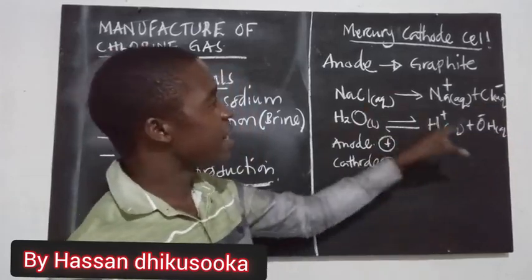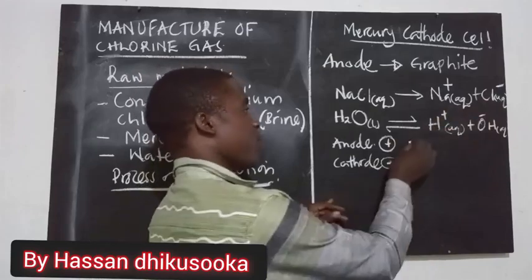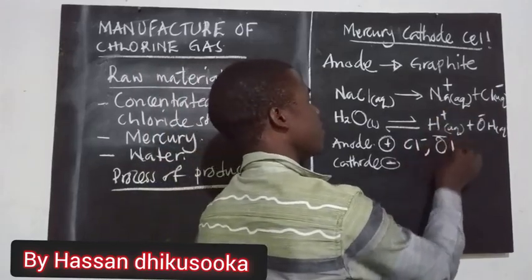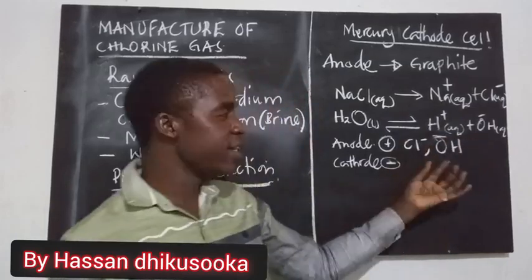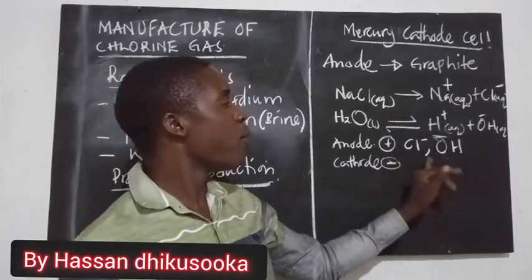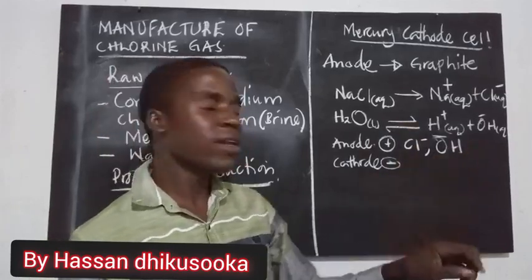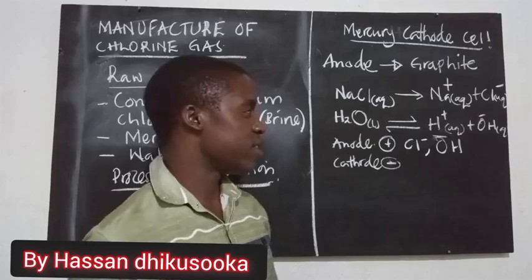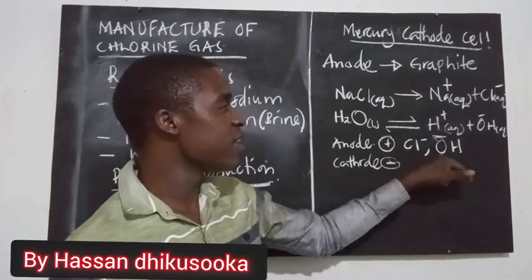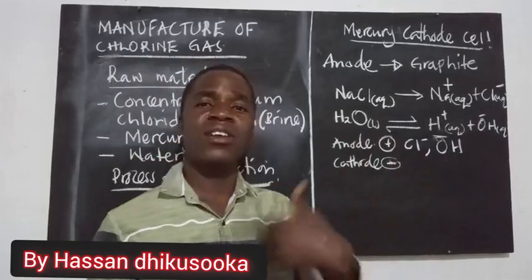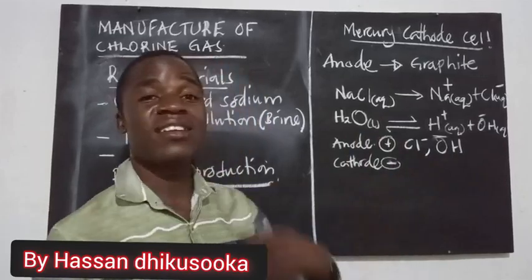However, here we have chloride ions and hydroxide ions. The chloride ions are going to be discharged preferably compared to hydroxide ions. Why? The chloride ions are more concentrated in this solution than the hydroxide ions. Therefore, the ions that are highly concentrated are the ones that are discharged.